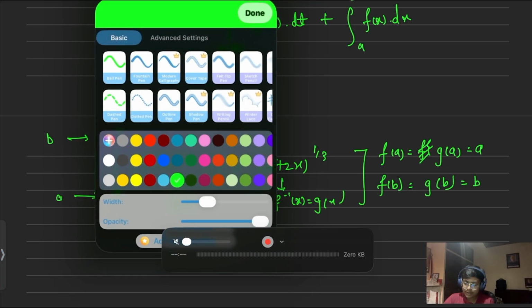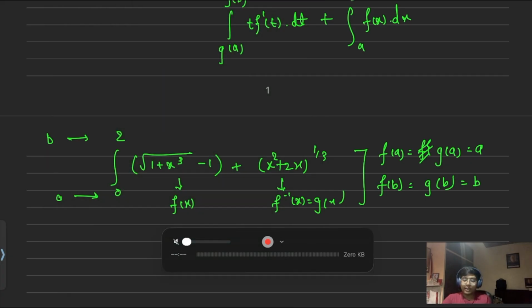You can simply check this by simple calculation. Like if you put 2 here, it will become 9, and the square root of 9 is 3, and 3 minus 1 is 2, and this will also result in cube root of 8, that is 2. So this thing literally holds.